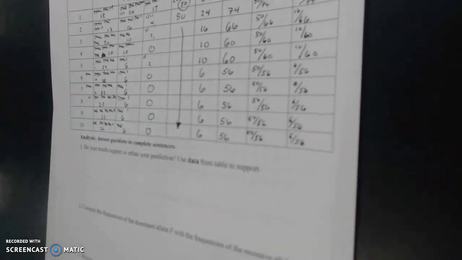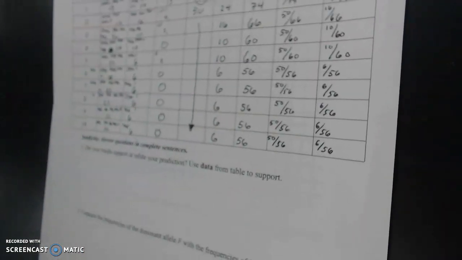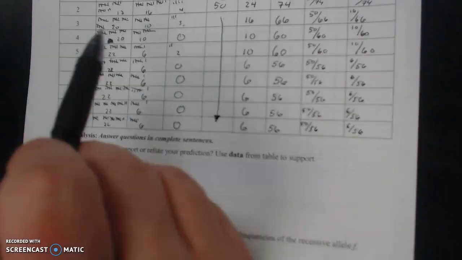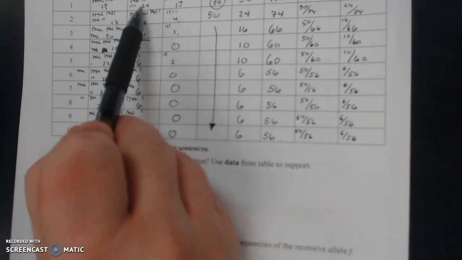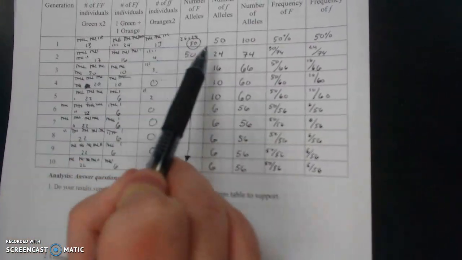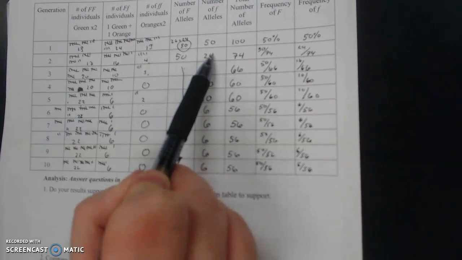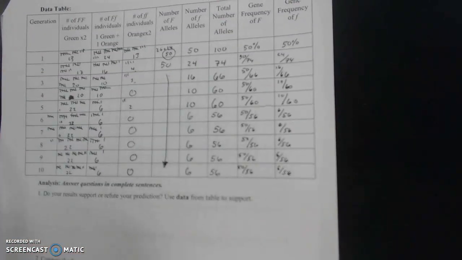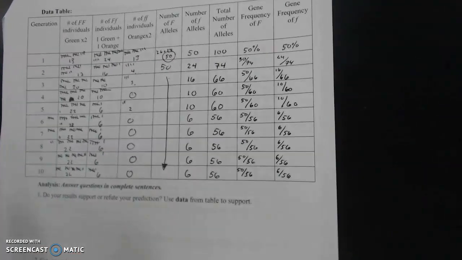Okay, while we're here, I do want to point out 1 or 2 little tidbits. If you've noticed, each time we go through a generation, the number of heterozygous individuals happens to be the same as the number of little f alleles in the next generation. So that might be something you want to look into as you're answering some questions.